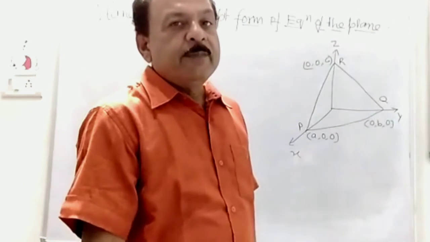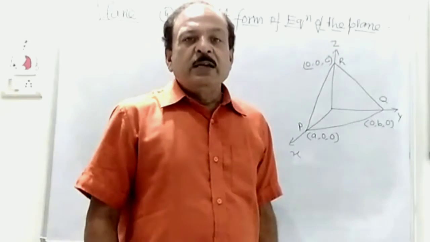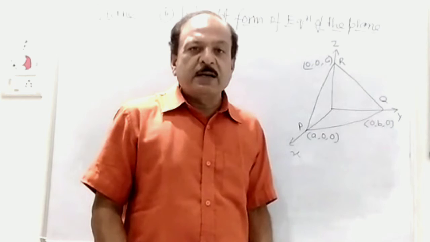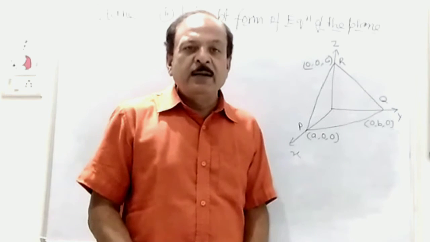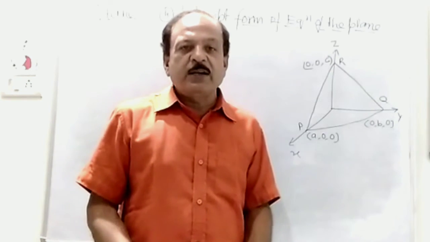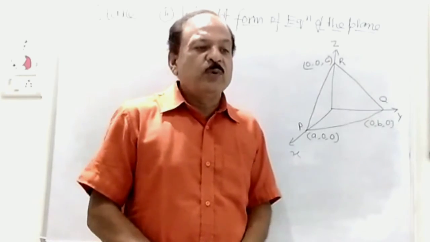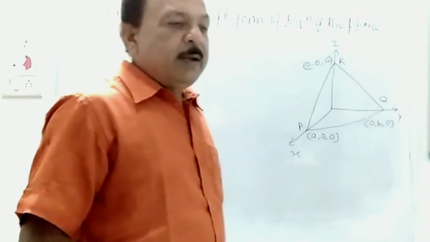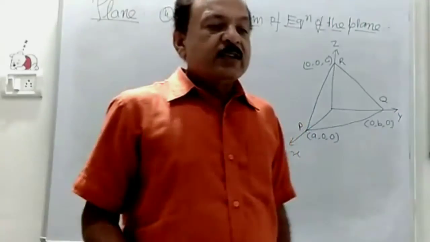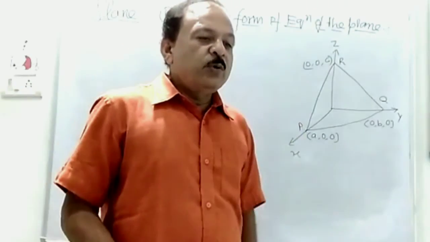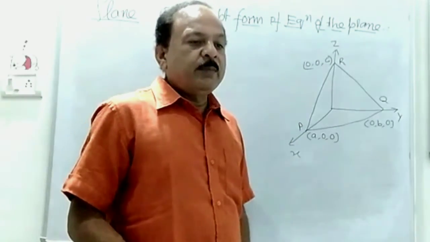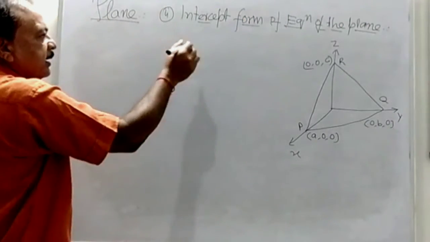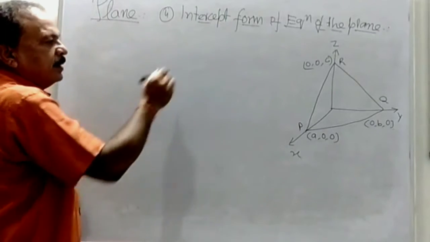This is the same as in two dimensions. You have learned that if a line makes intercepts on x-axis and y-axis, then the equation of line is x upon a plus y upon b equal to 1. So that is the same. Now you know the equation of plane in normal form.